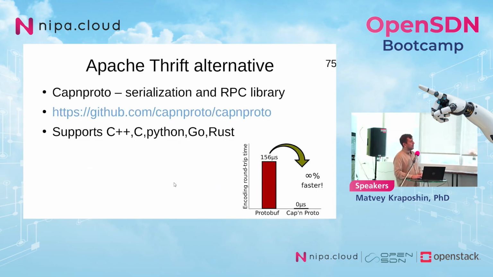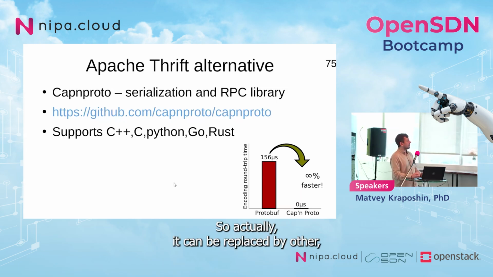While Apache Thrift is a relatively mature and old library, it also has rivals or replacements. It can be replaced by other IDL or RPC frameworks like Cap'n Proto and others.